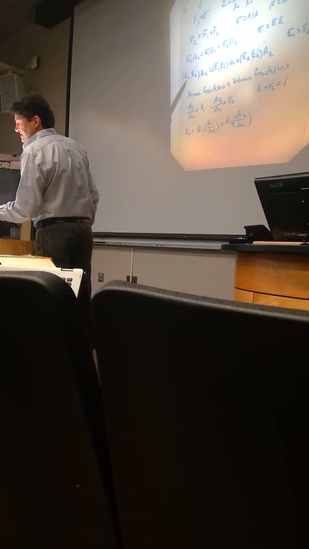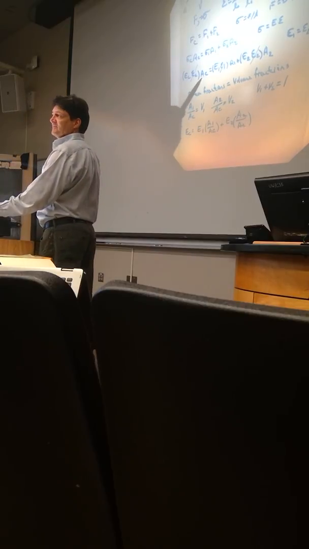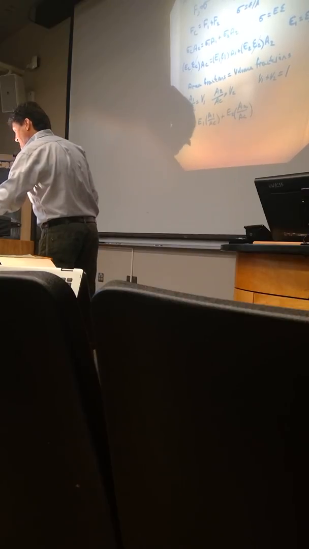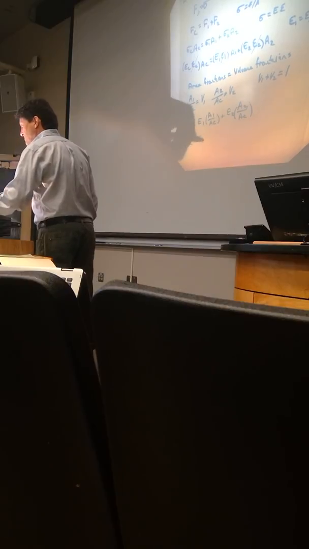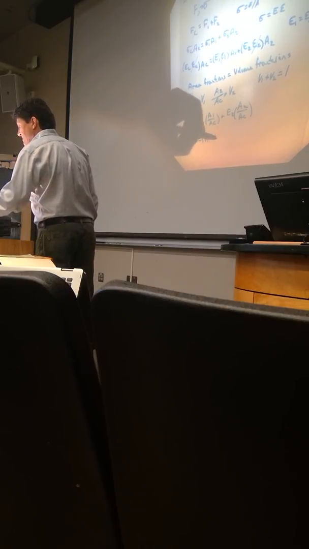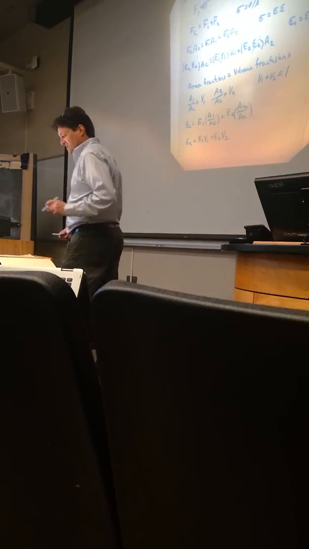So plugging these in, you always basically divide by area of the composite there. You know that E of the composite is equal to the elastic modulus of material 1 times the volume fraction of 1 plus elastic modulus of 2 times volume fraction of 2.